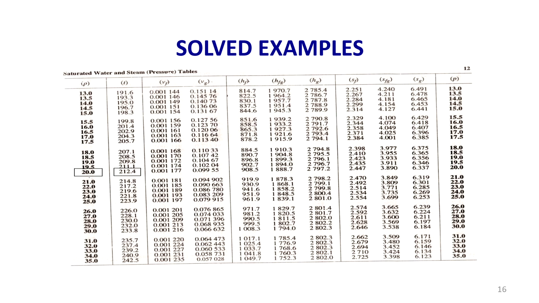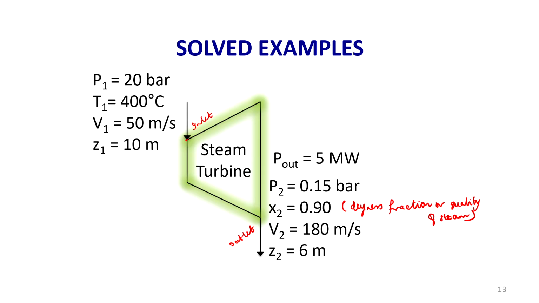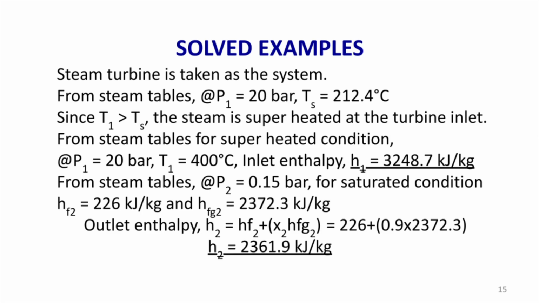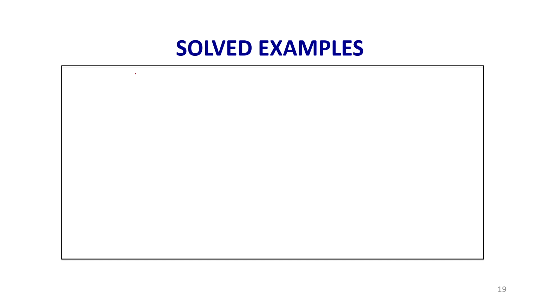Now, the inlet pressure is 20 bar and temperature is 400. So, inlet P1 is equal to 20 bar, T1 is equal to 400 degree centigrade. This is the condition of the steam at the inlet.